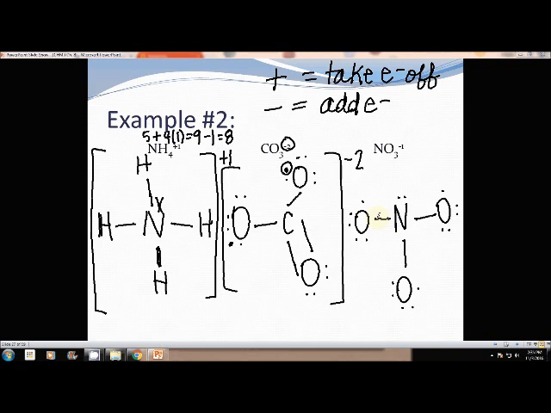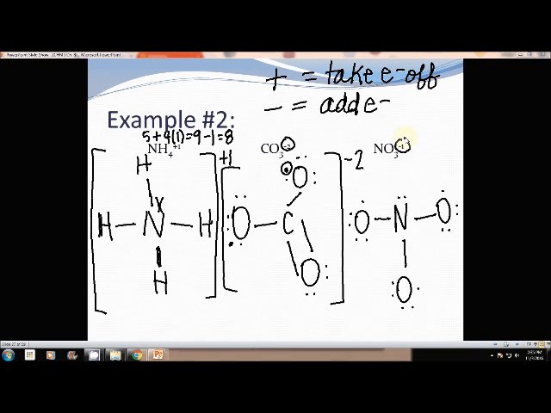What should we do next? We have a -1 charge, so that means we get to add 1 dot somewhere. So where should we add that dot? To one of the oxygens.